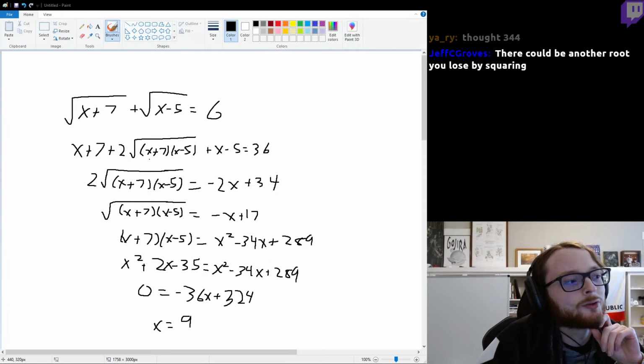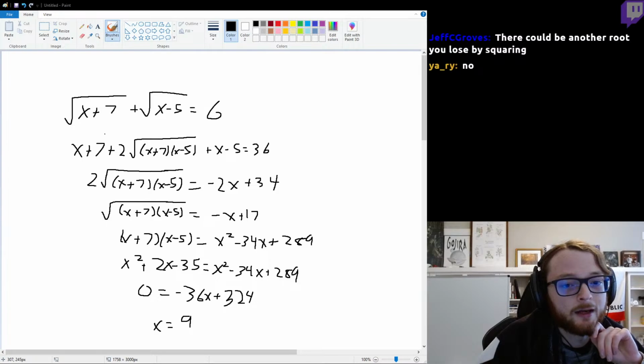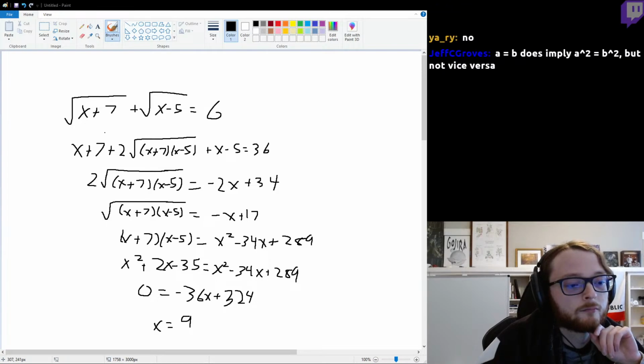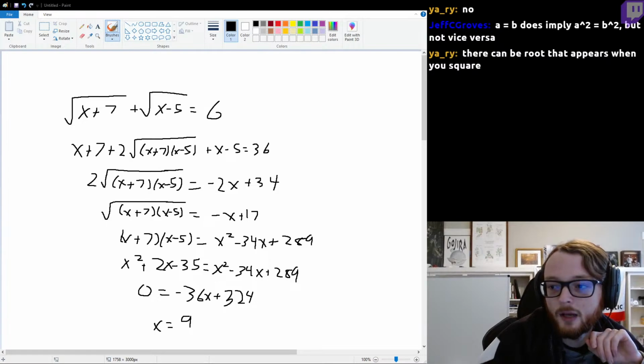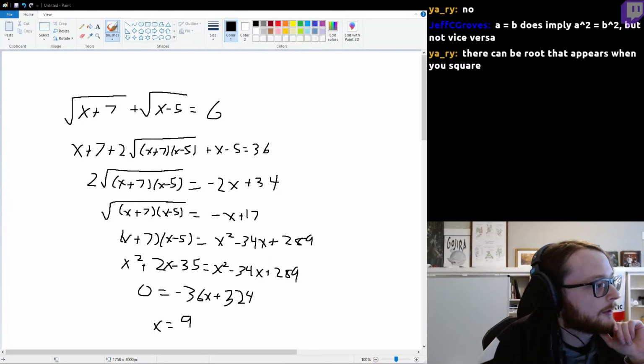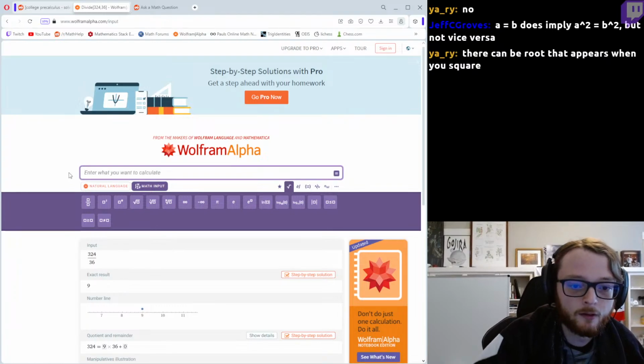Well, it's unidirectional. There's potential for negative x's to, no, there isn't. But I guess that's true. I don't know. Let's check it with Wolfram. I don't know how you would get the other root, whatever it is, though.